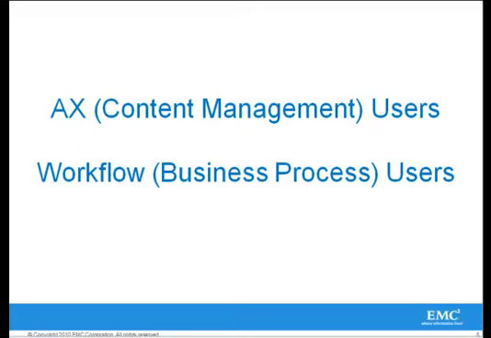You have the basic AX content management users, and these are the individuals that are going to be adding documents into the back-end system, searching for documents, displaying documents. Then you have the participants who are part of a workflow process. So you might have a clerk that answers the phone and can give a status about an invoice, but that clerk isn't someone who actually works in the workflow process.